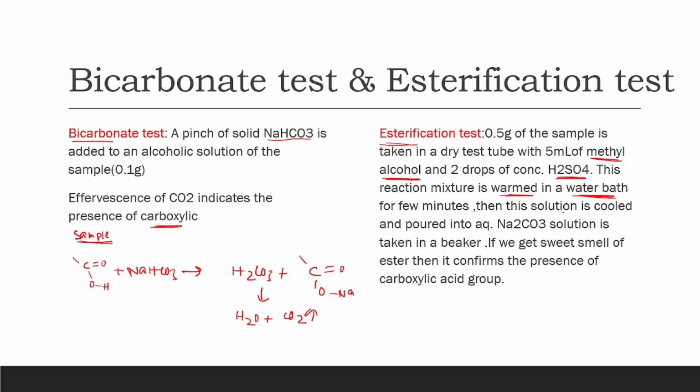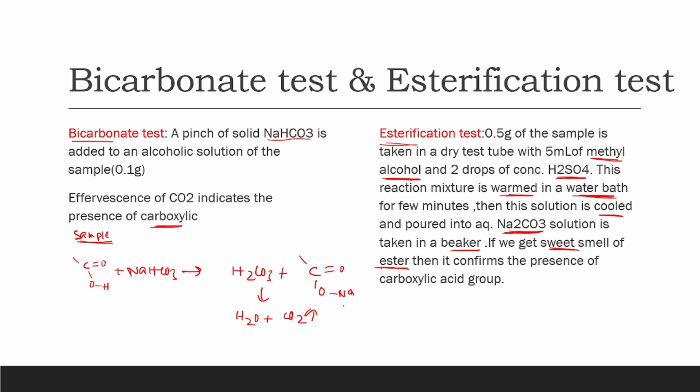Then this solution is cooled and poured into aqueous sodium carbonate solution, Na2CO3, taken in a beaker. If we get a sweet smell of ester, then it confirms the presence of carboxylic acid.